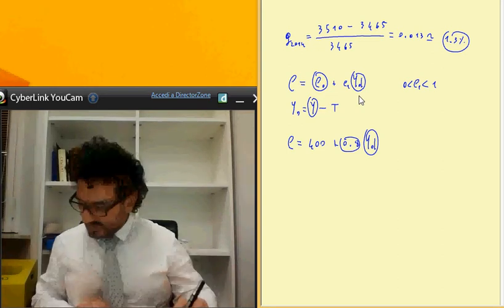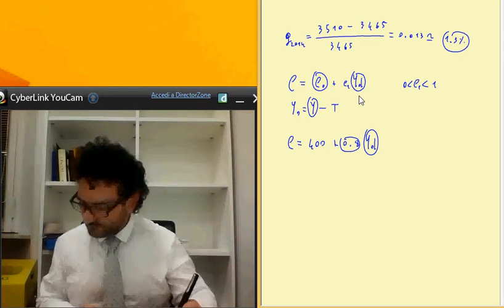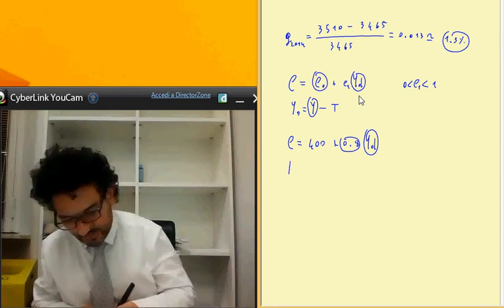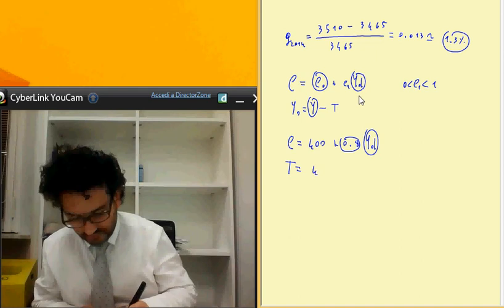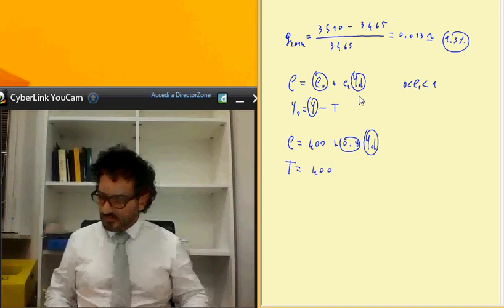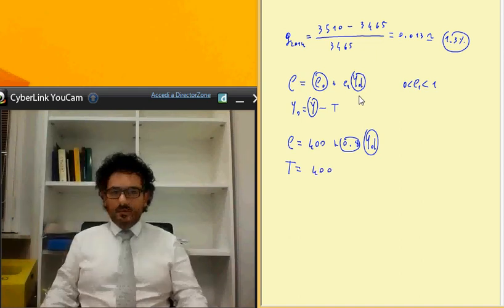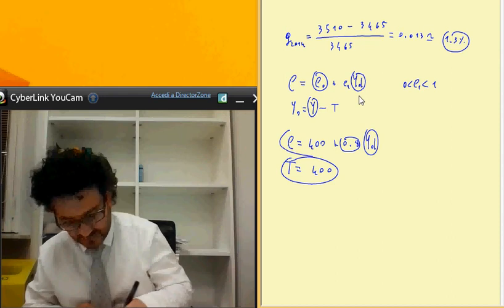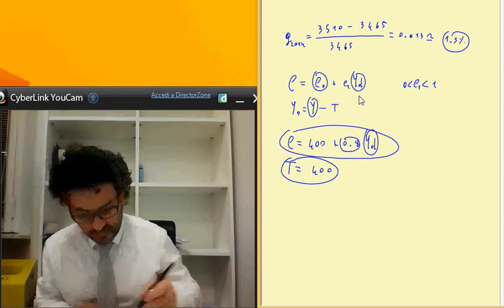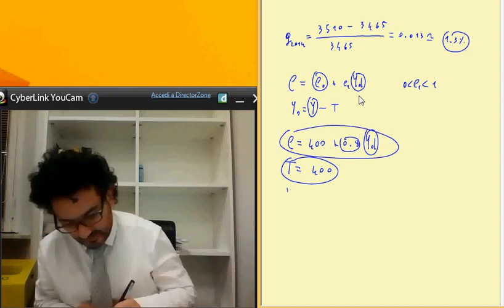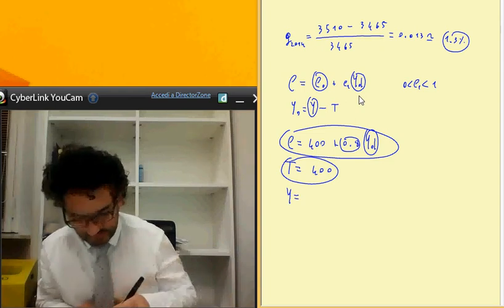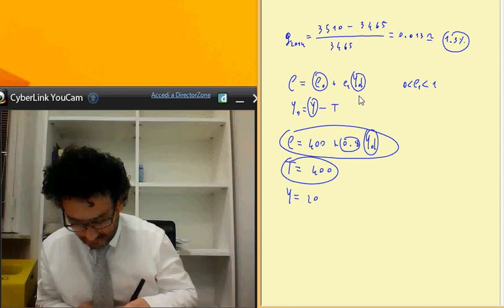So in this example, we can suppose that the level of taxation is equal to 400. Okay, so the first question is what is the level of consumption, given this taxation and this hypothesis on consumption, if the gross income is equal to 2000.